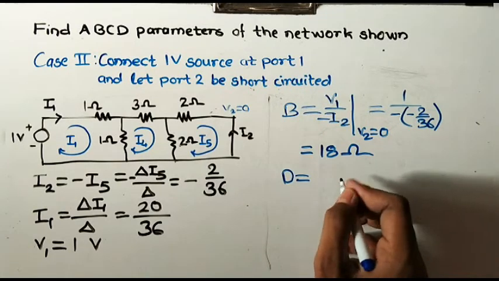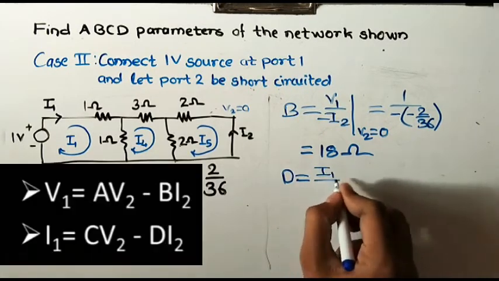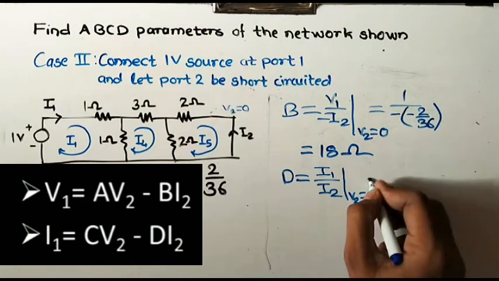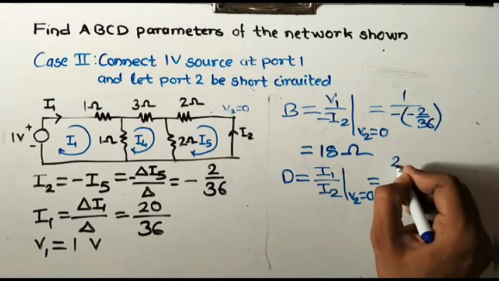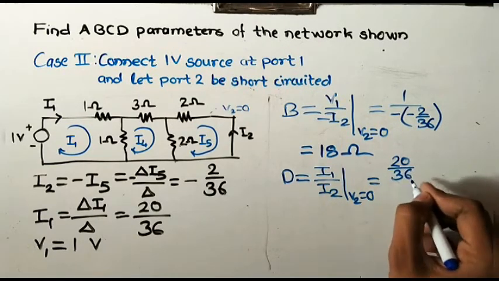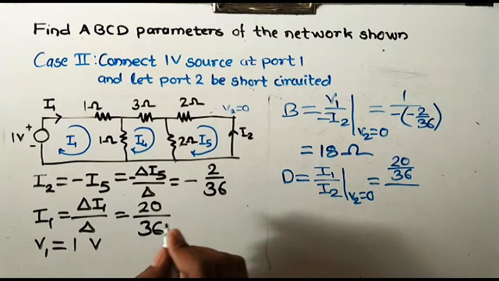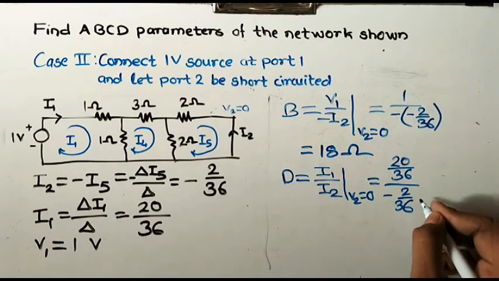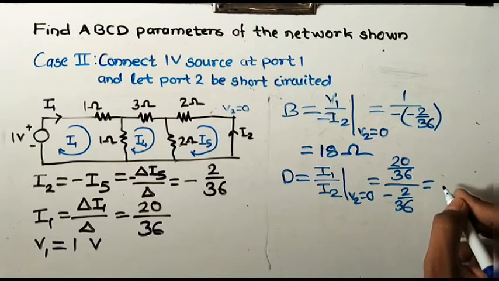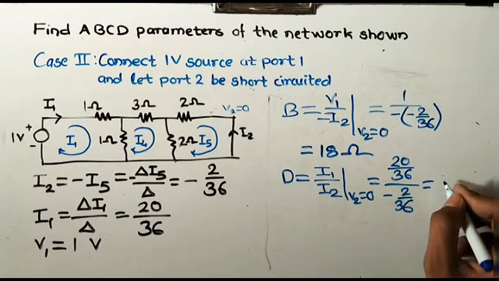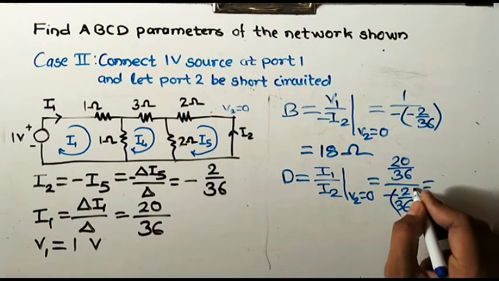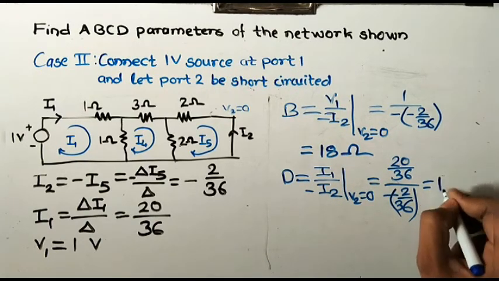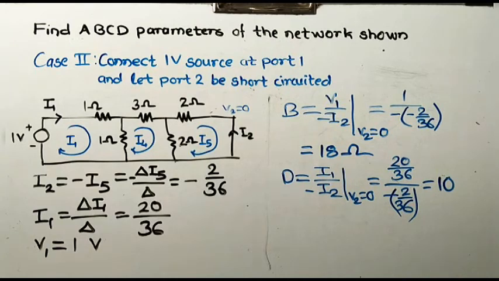Similarly, D is nothing but the current ratio, that is I1 upon minus I2 for V2 equal to 0. The value of I1 is 20 upon 36 and I2 is minus 2 upon 36. If we solve it, we'll get 10.